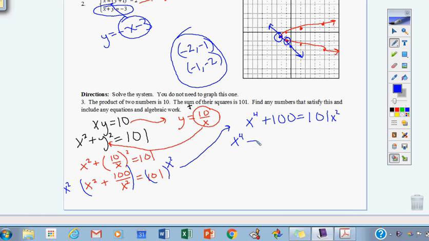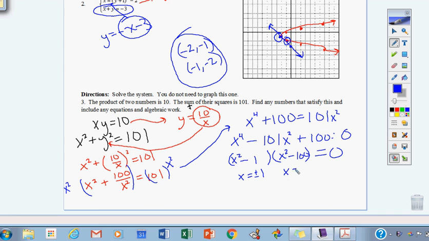Solving this, I want to get this term over here, still plus 100 equals 0. And I don't think this one takes too long for you to practice and understand or to guess and check to see that the factors of 100 that give you 101 are 1 and 100. So I'm going to have x squared minus 1 and x squared minus 100. And then that will give me x equals plus or minus 1 and x equals plus or minus 10.